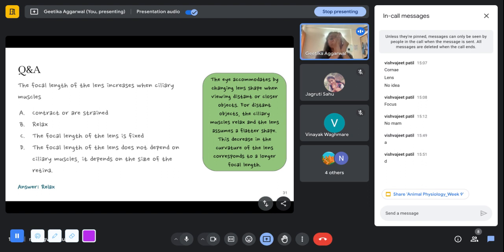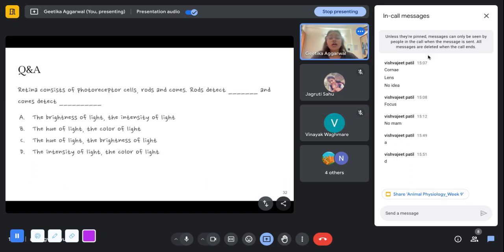This decreases the curvature of the lens and leads to a longer focal length. But if the ciliary muscles contract, that makes the lens more convex and leads to a shorter focal length. So the correct answer to this question is relax.